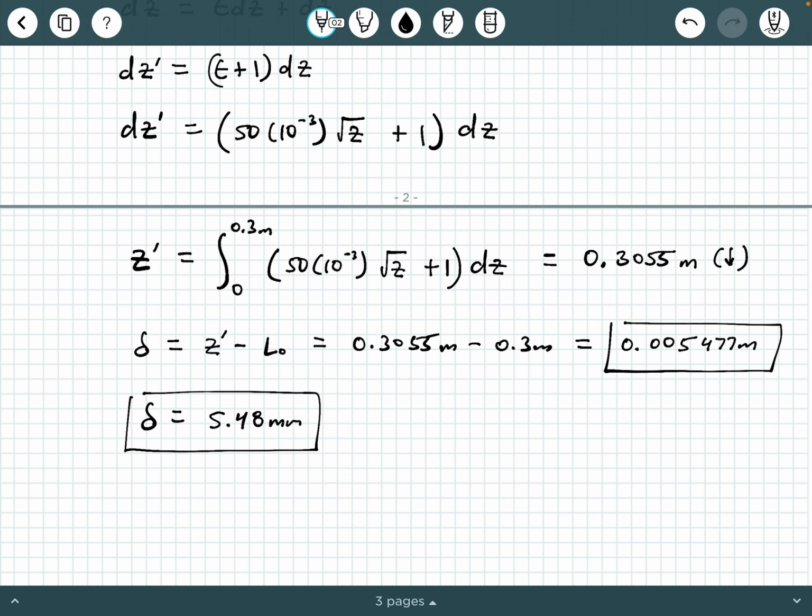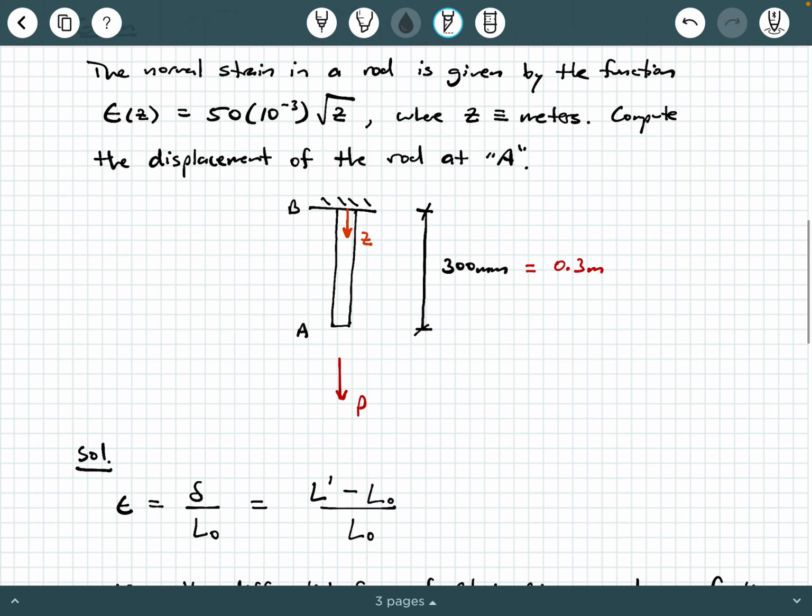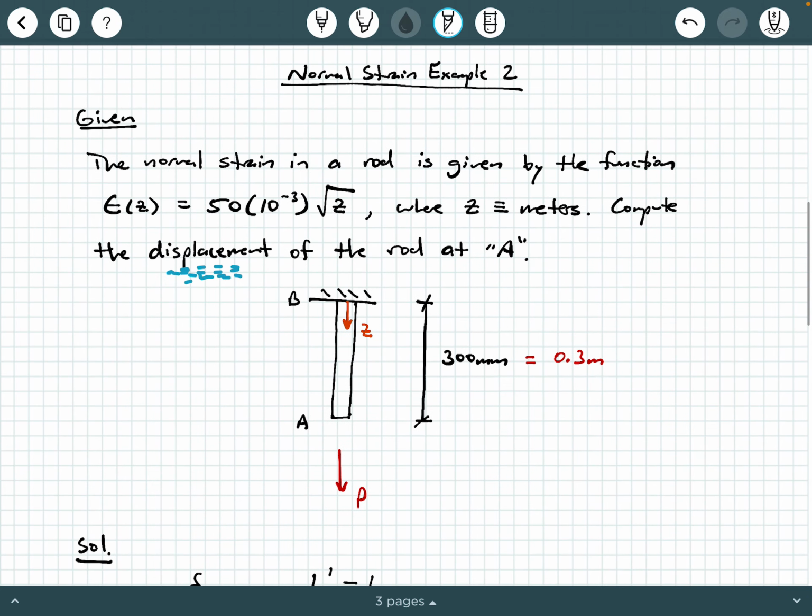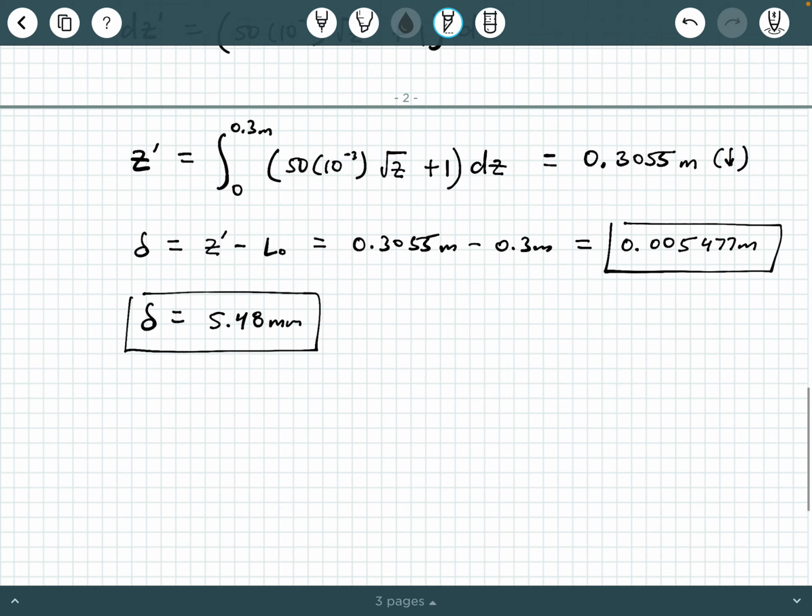If the question says, what is the value in millimeters, then you would use 5.48 as your answer. If it asked for it in meters, you would use 0.00548 meters as your answer, okay? But again, this is the deformation. This is the displacement of the rod at point A, okay?